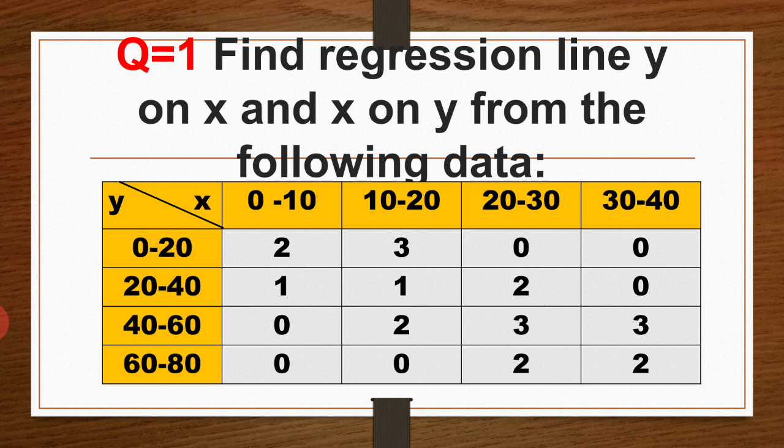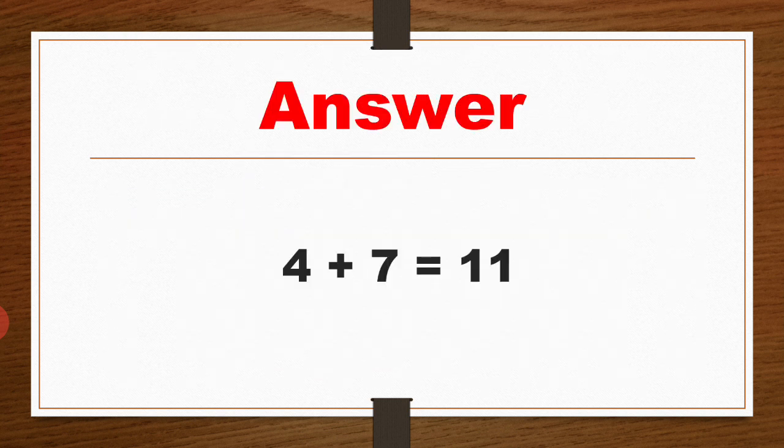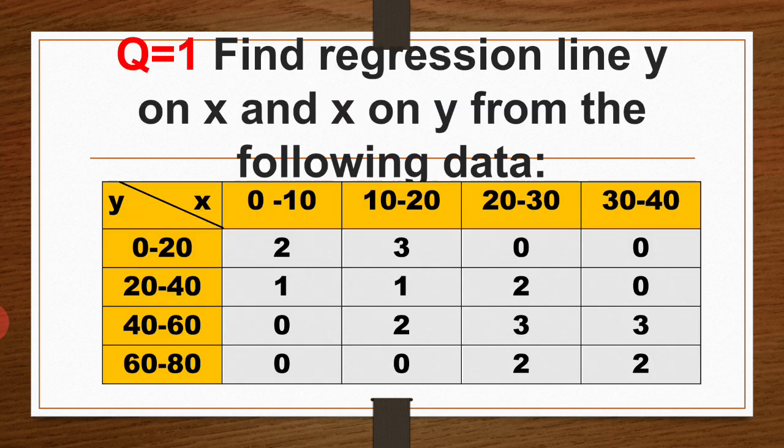Okay, so first we prepare a table. All of you know how to prepare the table: 4 plus 7 is equal to 11. You prepare 11 rows and 11 columns. It means you draw an 11 by 11 table. 4 is given in the question: 1, 2, 3, 4 rows and 1, 2, 3, 4 columns on the x and y sides.